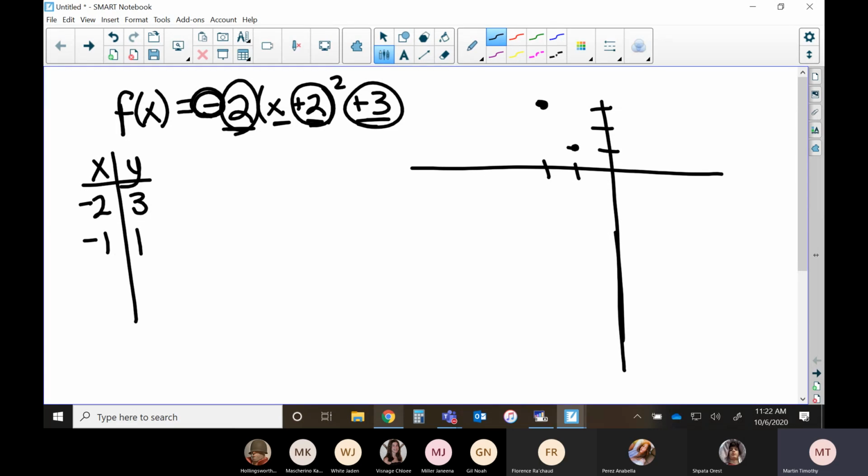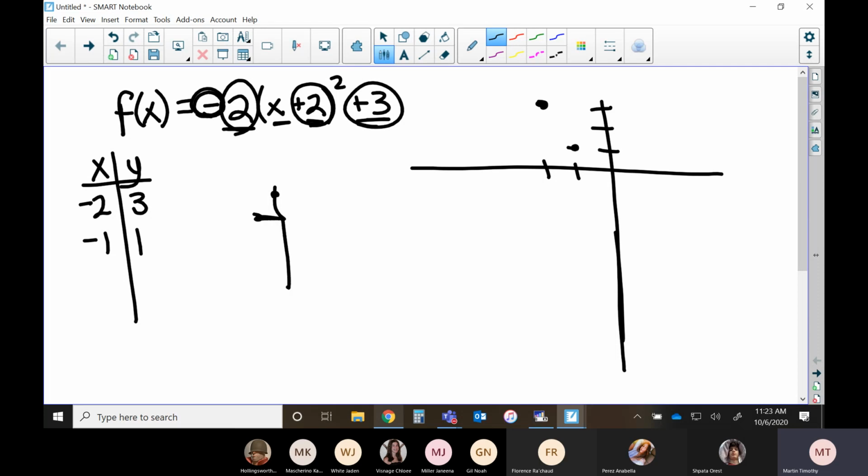Wait. How do we normally do this? From the vertex, we normally go over 1, up 1, right? That's the OG. Remember, I'm always going back to the parent because the transformations come from the parent. So normally, the parent is over 1, up 1 every single time, yes? What did this one do? Over 1, down 2.